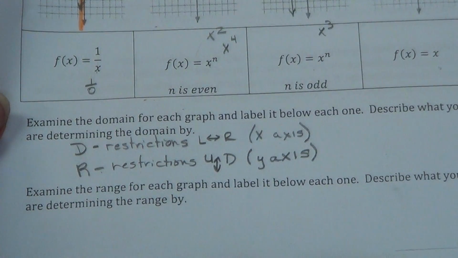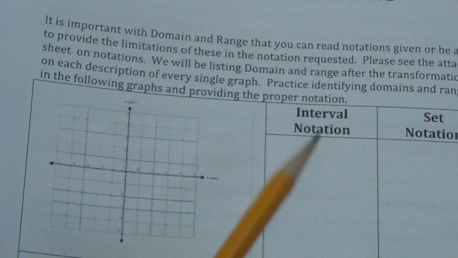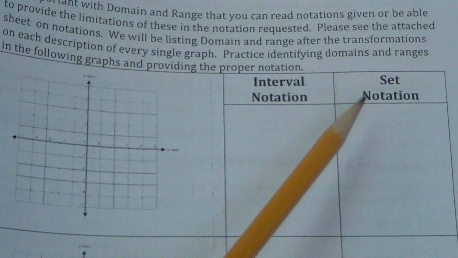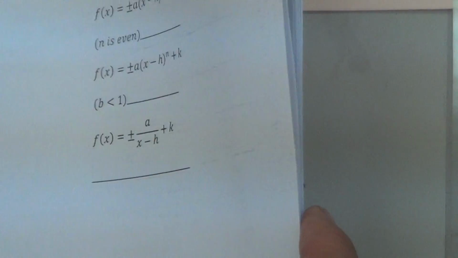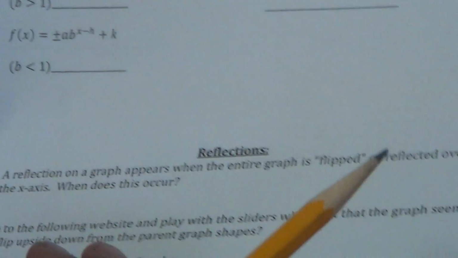Okay, definitely need to study and work on the activity in class a little bit on that one. Okay, we will come back and do the domain and range notations here in a bit. So skip page 3 right now. And skip page 4. I think that we'll do actually page 3 and 4 in class.